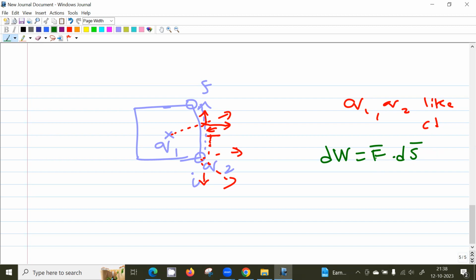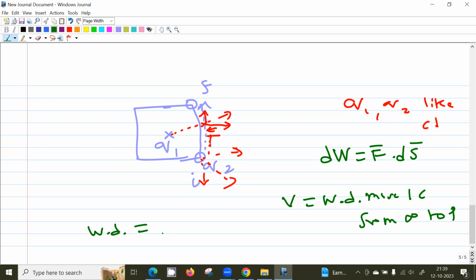Another thing is that the potential at a point is the work done to move a 1 coulomb charge from infinity to the point P. Another concept is that the work done to move a charge between two points of potential difference V is Q into the potential difference between those two points, that is, V final minus V initial.